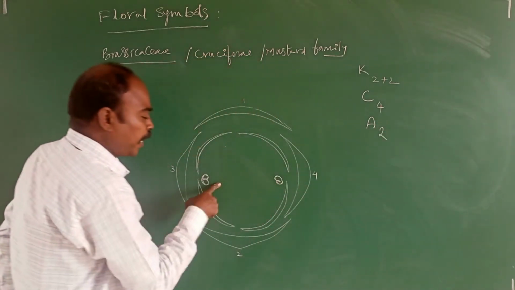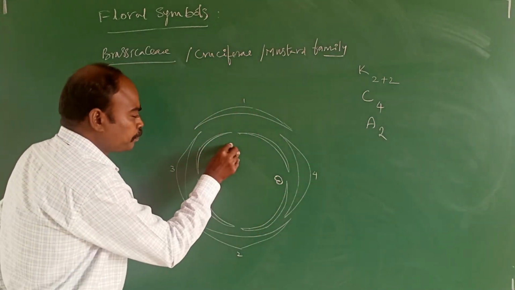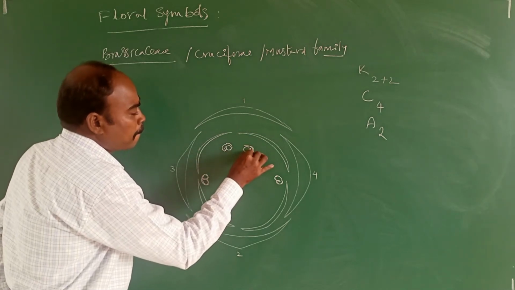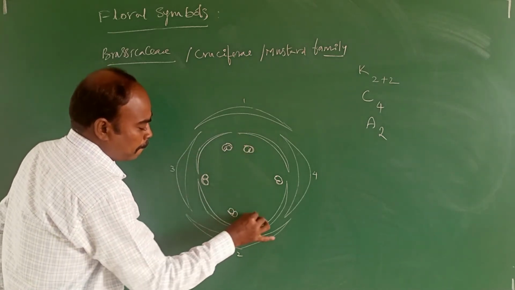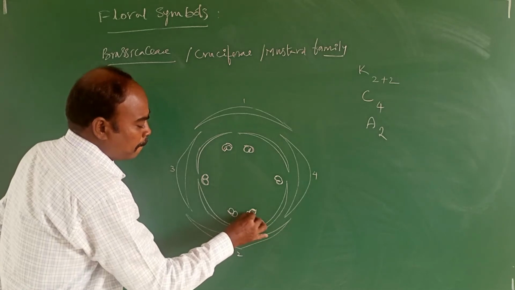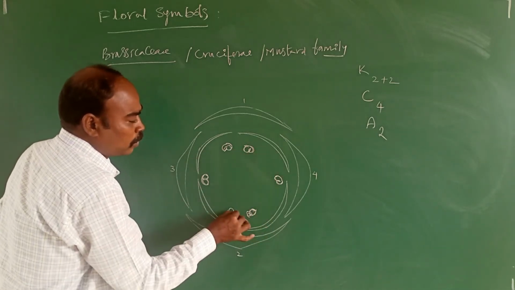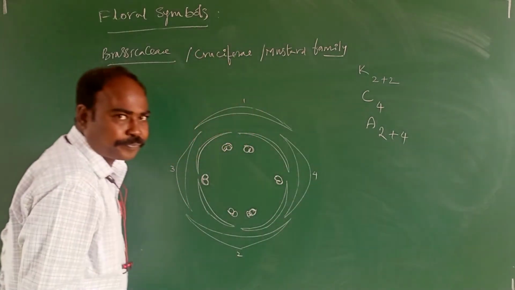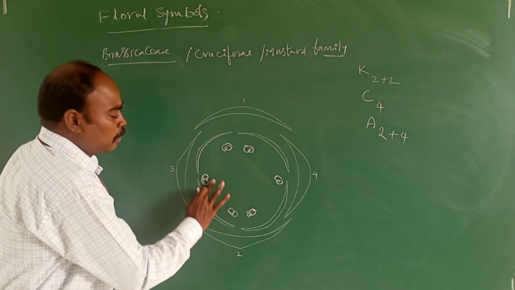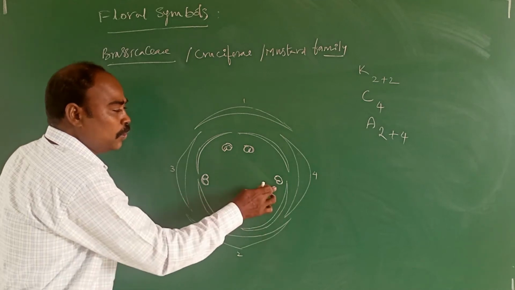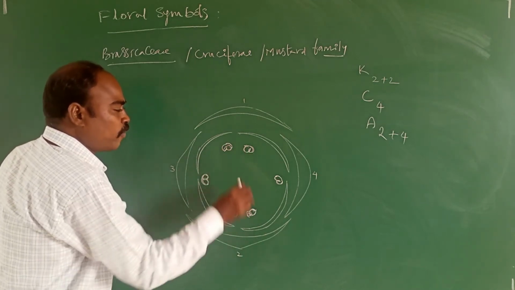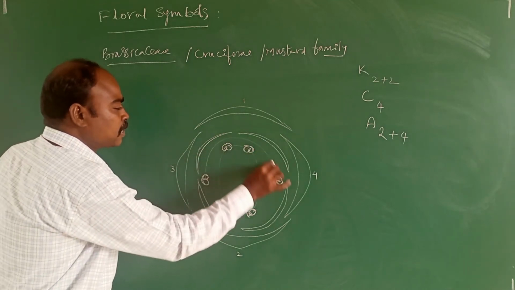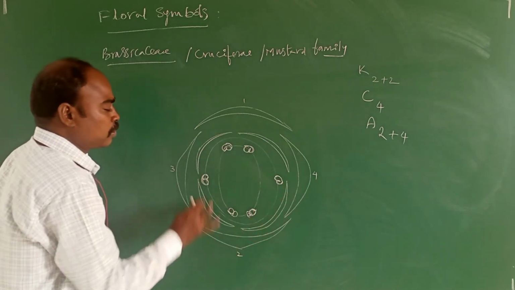Next. Androecium 2, free, outer whorl. One, two, three, four, inner whorl, free. Free stamens, totally 6, outer whorl 2, inner whorl 1, 2, 3, 4. This is the inner whorl like this, this is the outer whorl like this, right?